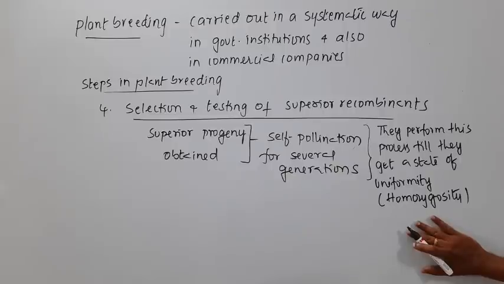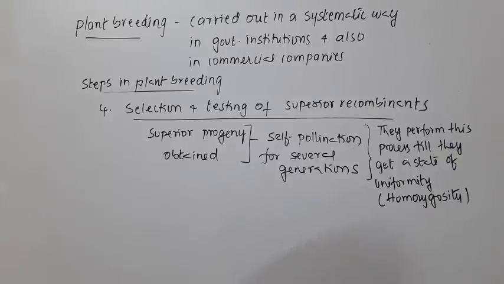So when all genes are of the same type, the two alleles for that particular character should be present in homozygous condition. So either it may be dominant or recessive. Then this is the condition we call it.